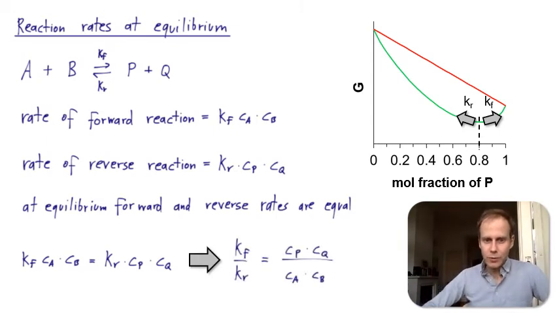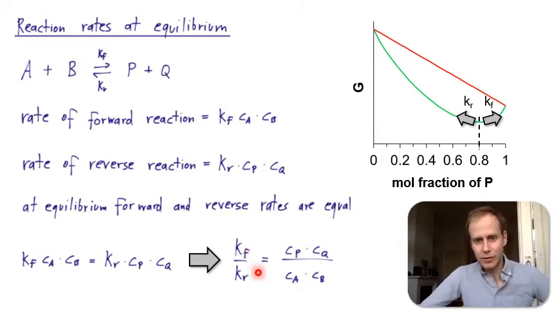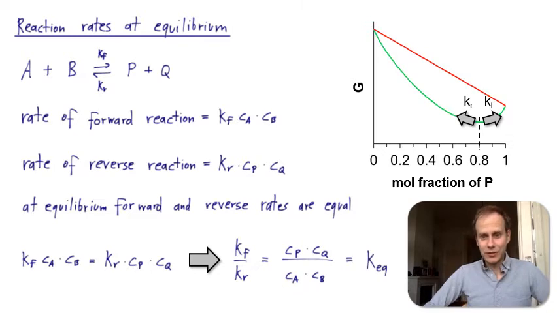So we can now rearrange to obtain this ratio of the rate constants for the forward reaction and the reverse reaction. And then the right-hand side looks like this. Does that look familiar to you? It's the concentrations of the products divided by the concentrations of the reactants, right? Yes, it's the equilibrium constant, basically.